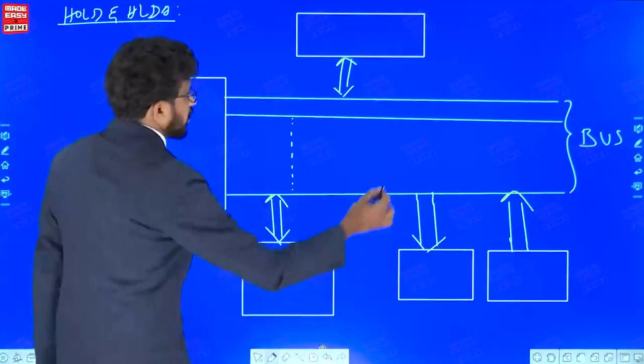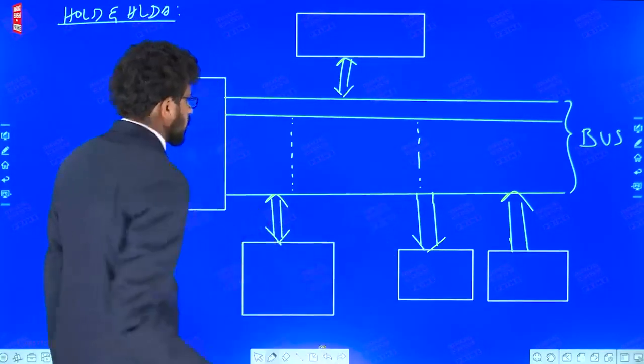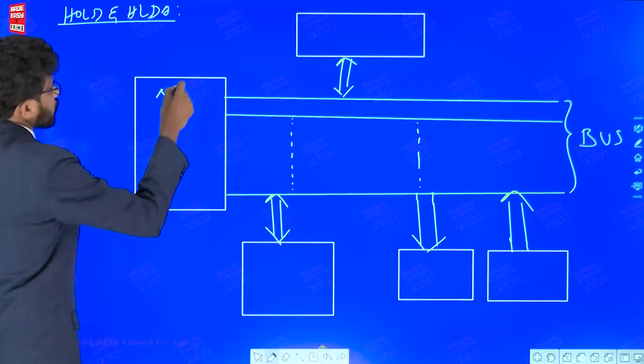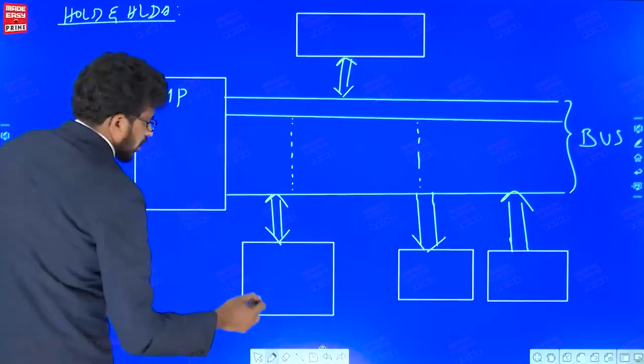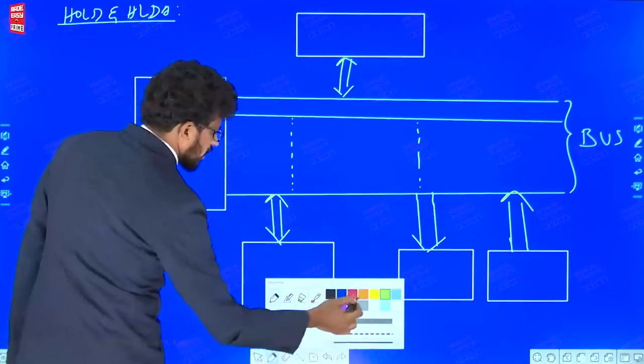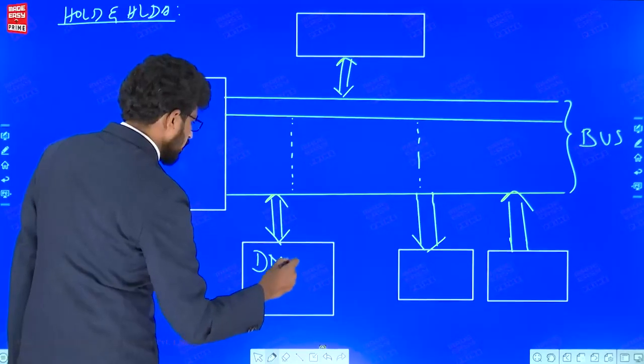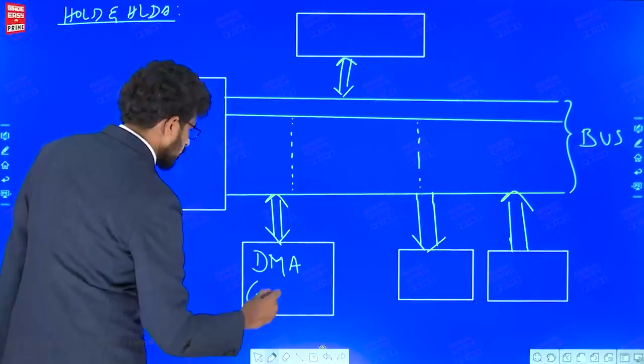Okay, fine. This is all the bus. This is the processor, and there is one more important device called the DMA controller, direct memory access controller.